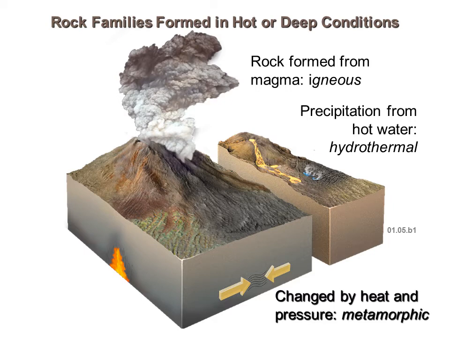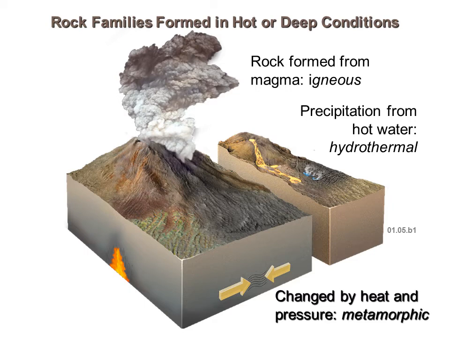Number 3, metamorphic rocks, changed by heat and pressure. Metamorphic rocks are changed by heat and pressure. So the difference between metamorphic and igneous, even though metamorphic includes extreme heat, is that the rocks never melt completely.